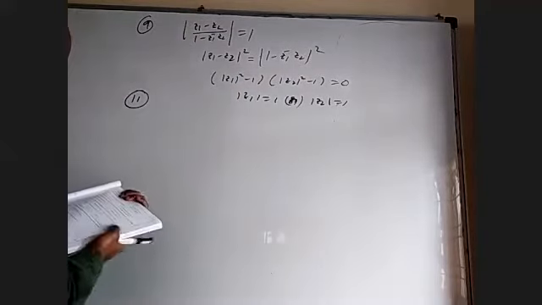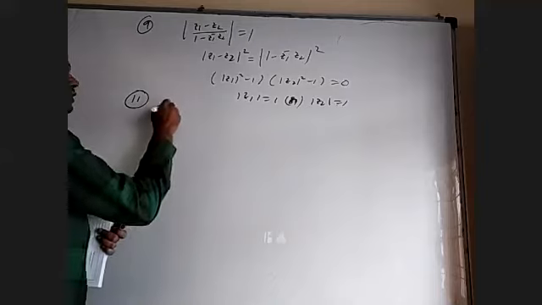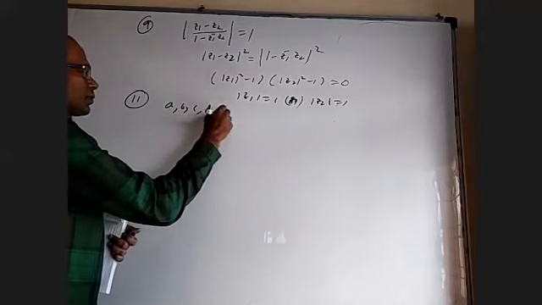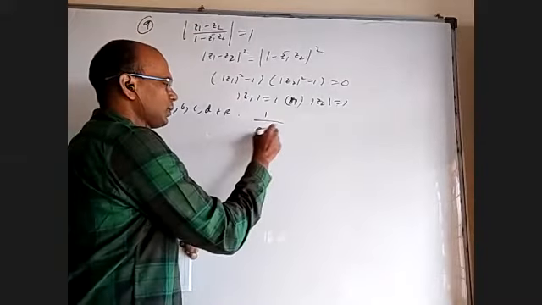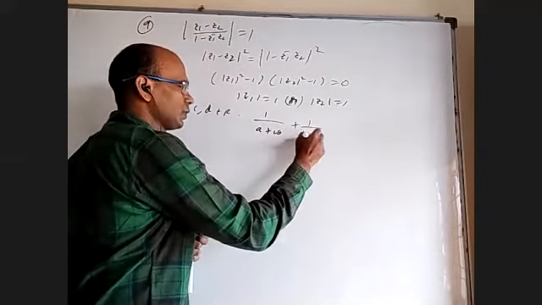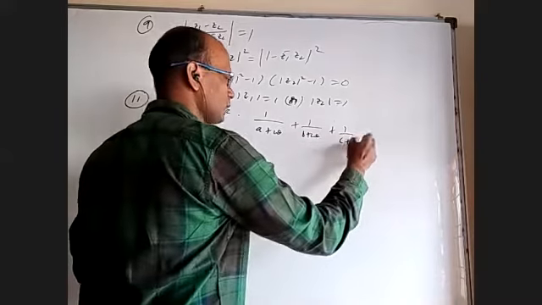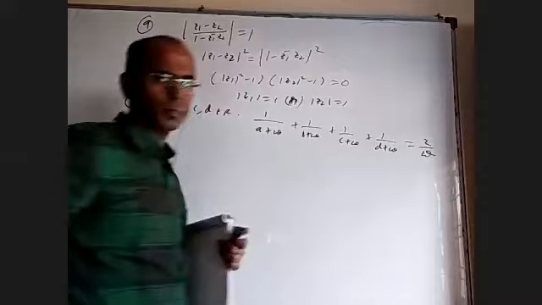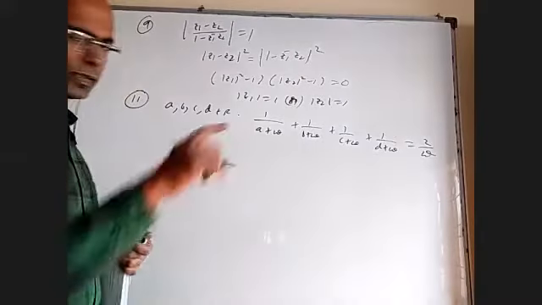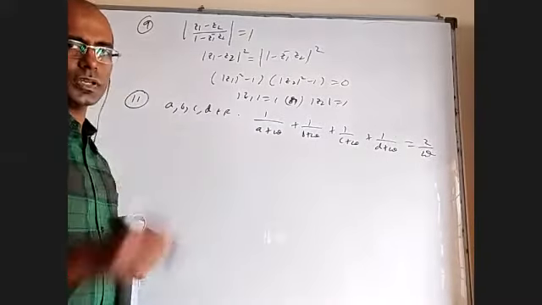Okay, so in the 11th question they gave us that A, B, C, D are real numbers, and 1 by (A plus omega) plus 1 by (B plus omega) plus 1 by (C plus omega) plus 1 by (D plus omega) is equal to 2 by omega. Actually, they gave 2 omega square, but I wrote it as 1 by omega.